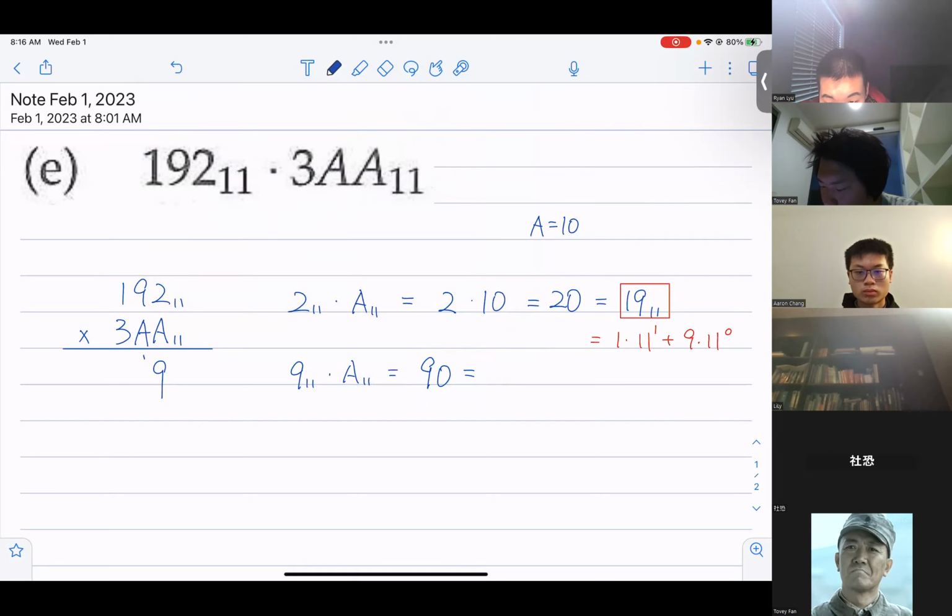So again, how many 11 are there in 90? So obviously 8, right? 88. So we say 8, and then the remainder is 2. So 82 in base 11. Again, this is 8 times 11 to the first power plus 2 times 11 to the zeroth power.